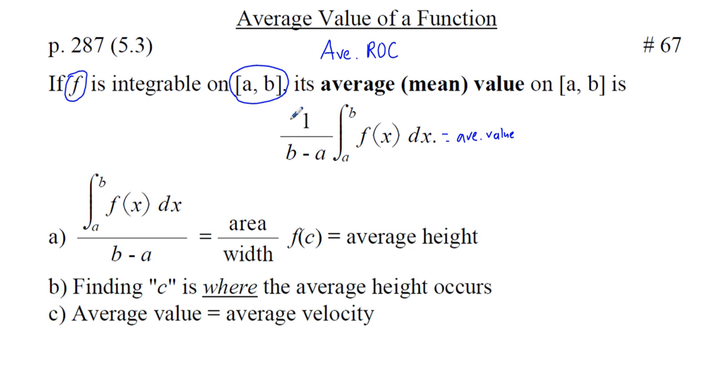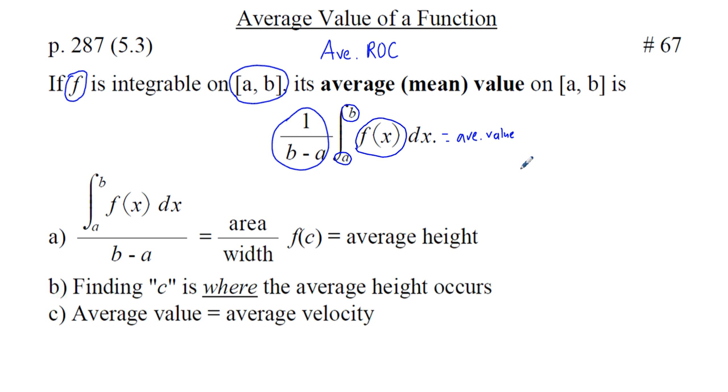And 1 over b minus a times the integral of this function, integrated with these limits, is the average value. This total integral over b minus a is like the area divided by the width of that function at c.